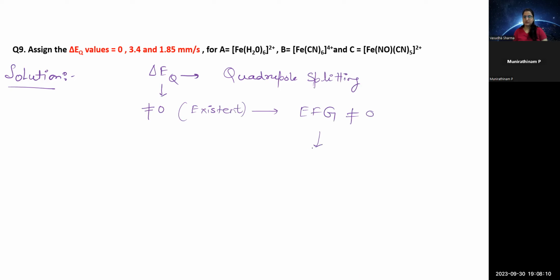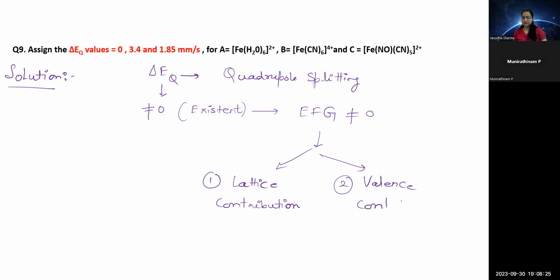And for this, two factors are there. First is lattice contribution, and second factor is valence contribution. So we already understood this concept in the last lecture, where lattice contribution means we are talking about the coordination geometry.